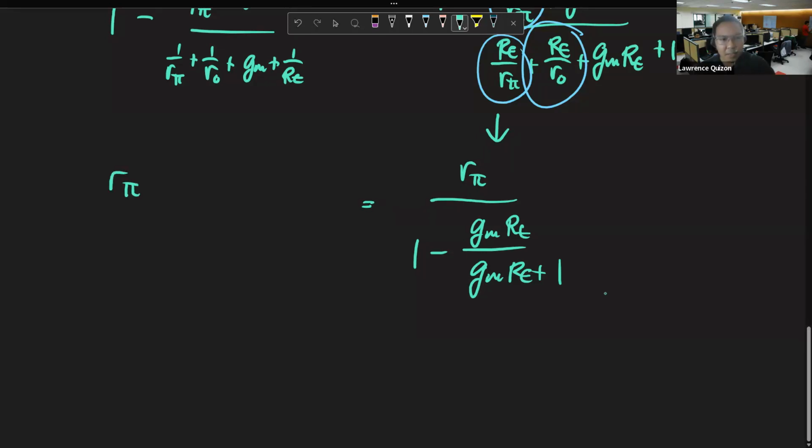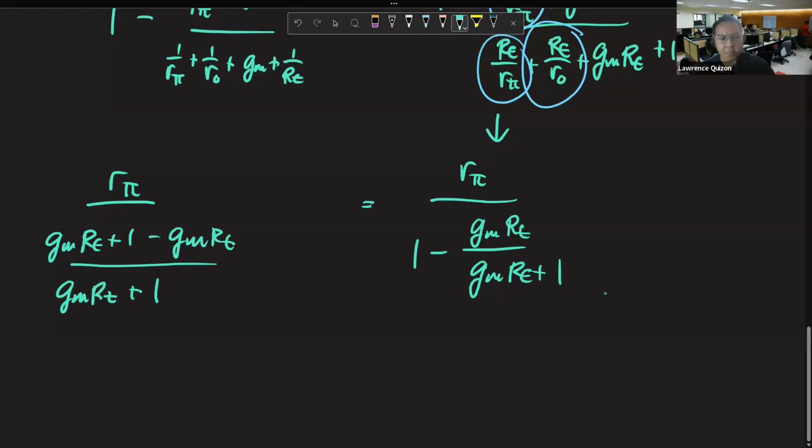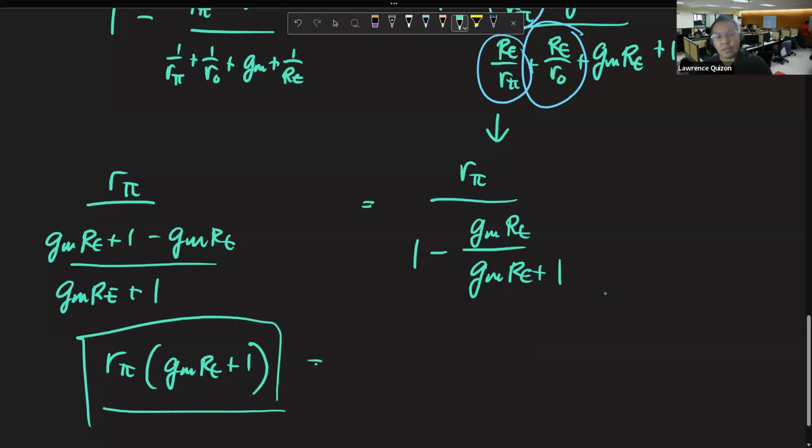This is R pi over GMRE plus 1 minus GMRE over GMRE plus 1. Alright? And then, pwede natin siyang iakyat to get GMRE back. And this is Rn prime.